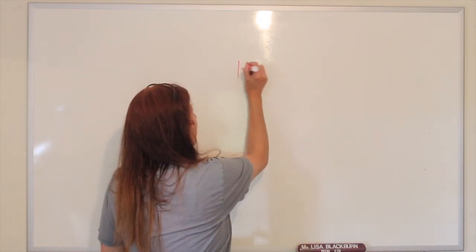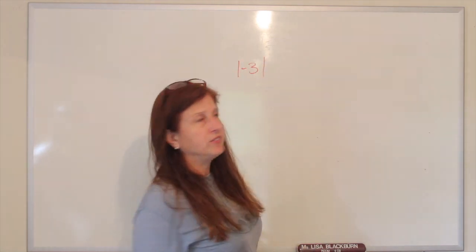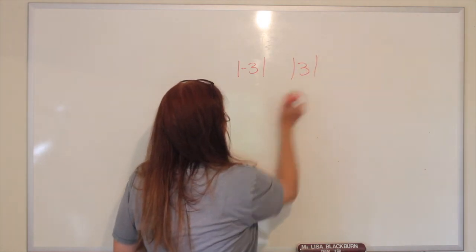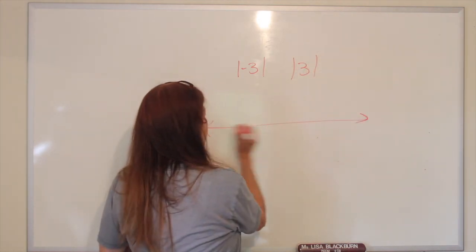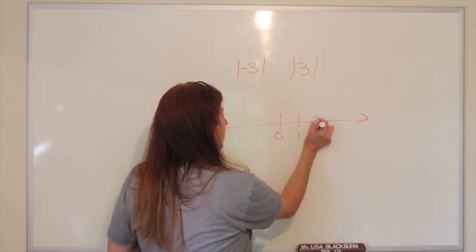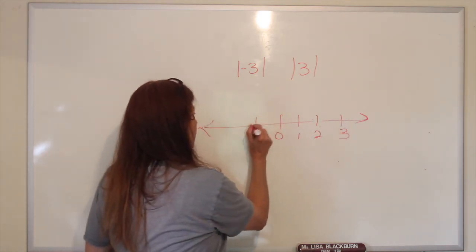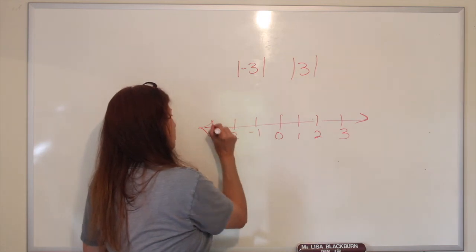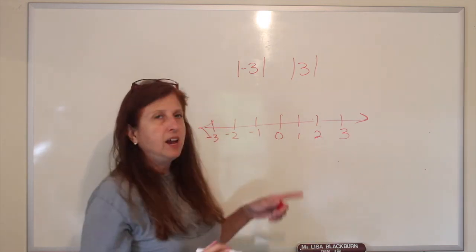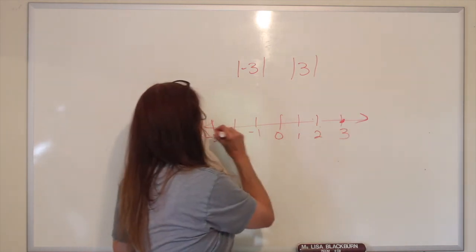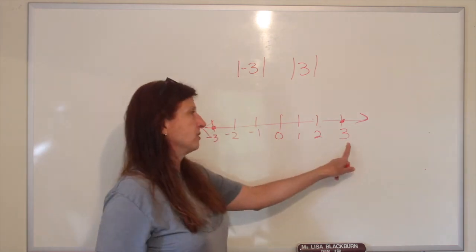So if I have the absolute value of -3 and the absolute value of 3, -1, -2, -3, okay? Both of these are here on the number line. There's my -3 and there's the 3.